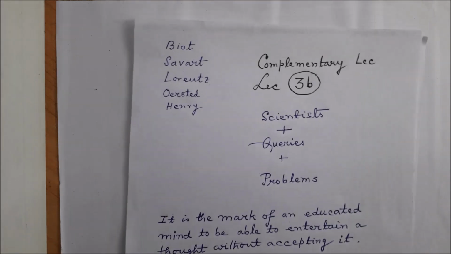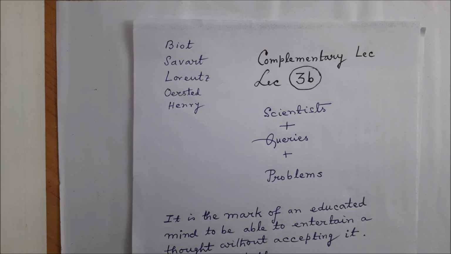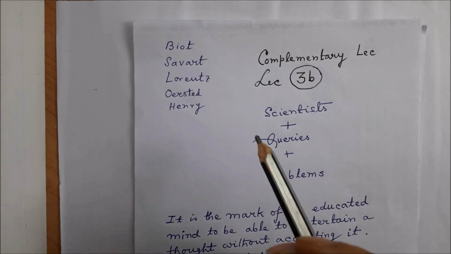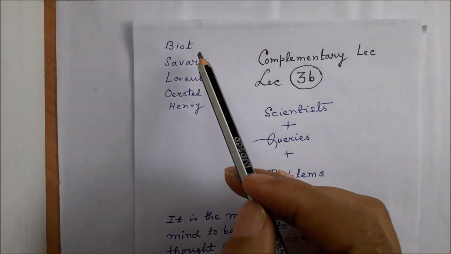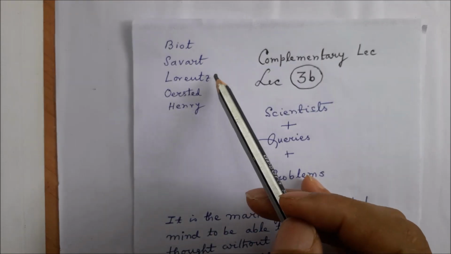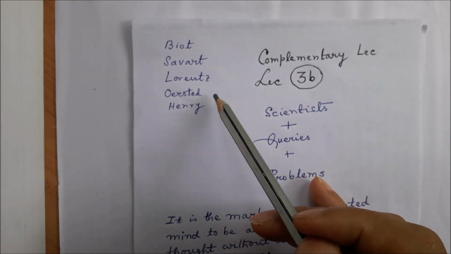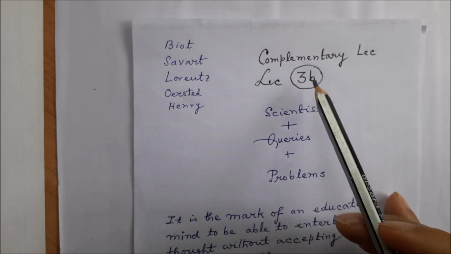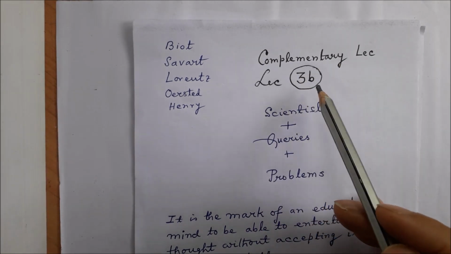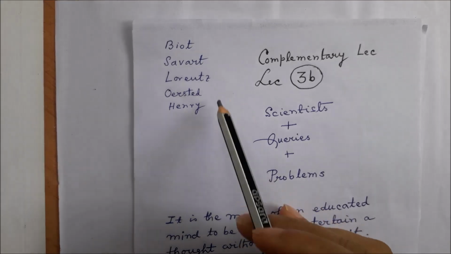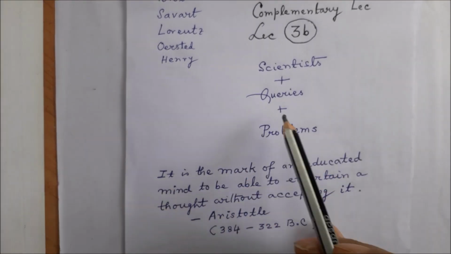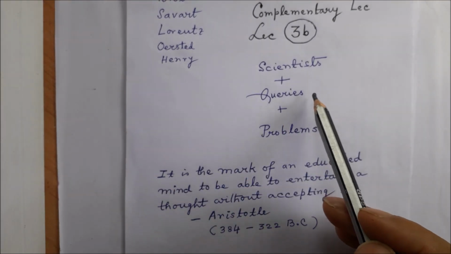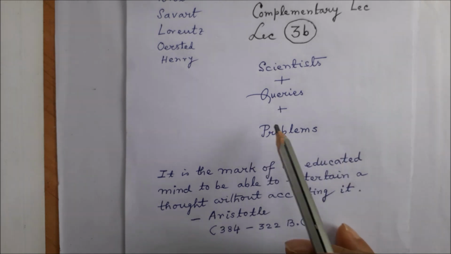In the course of our discussion, we came across the names of certain very famous people, namely Biot, Savart, Lorentz, Ørsted, Henry. And in a subsequent lecture, which I will call complementary lecture 3b, we'll discuss a bit about them, as well as address certain queries and discuss certain problems.